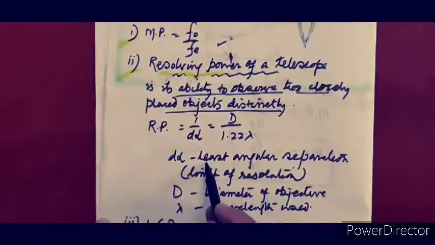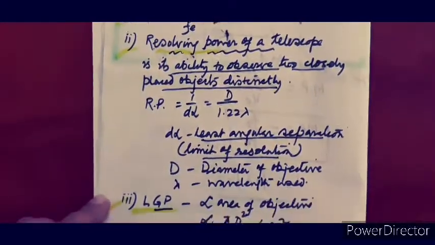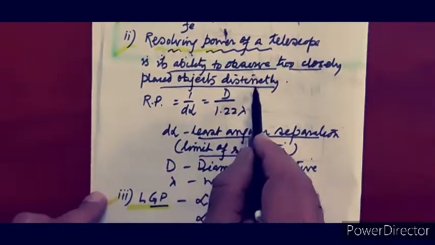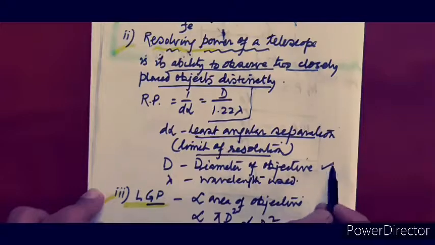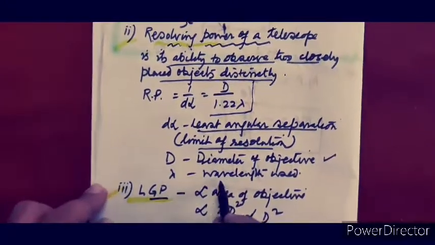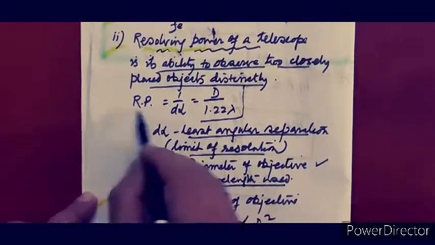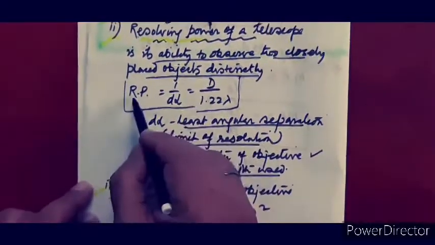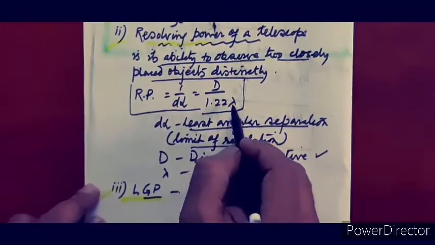That is the least angular separation, the limit of resolution. This is an important formula. Capital D is the diameter of the objective, and lambda is the wavelength of light used. Resolving power is equal to D by 1.22 lambda.